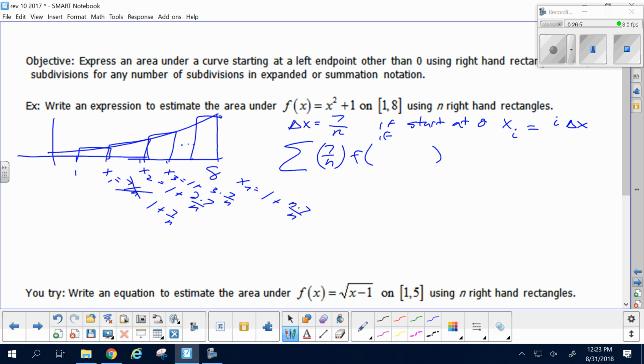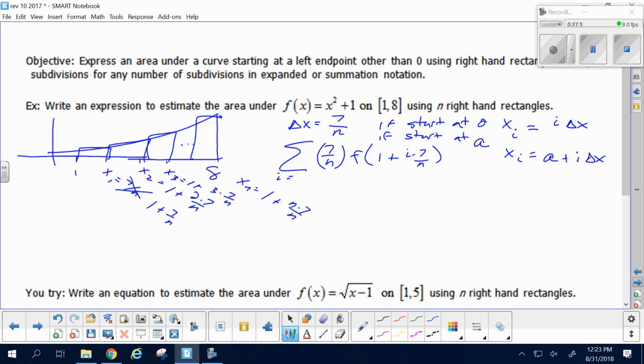But if we start at some other number, let's just call it a general a, then the x's will depend both on where you start at a and how many deltas you go over. So x sub i will be a plus some number of delta x's. So in this case, we're talking about a, or a starting value of 1, plus i deltas, where delta is 7 over n. Okay?